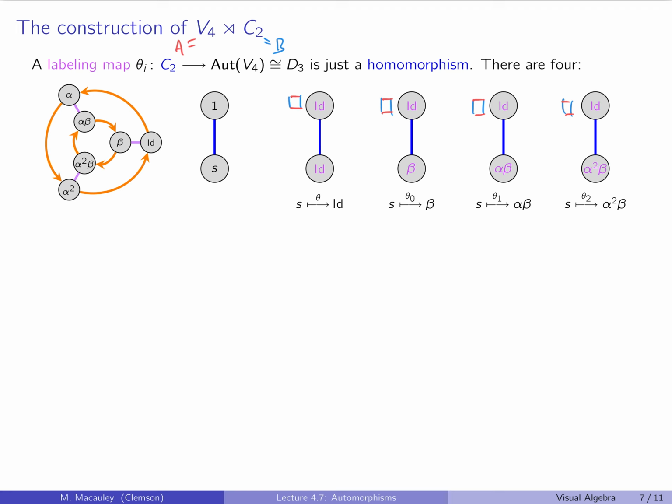So we can stick the identity Cayley graph in here, or we can stick a rewired copy. Beta is what we get by swapping the paths, which in this case swaps the colors. And then alpha beta from the previous slide looks like this, and then the other one, I think, looked like this.